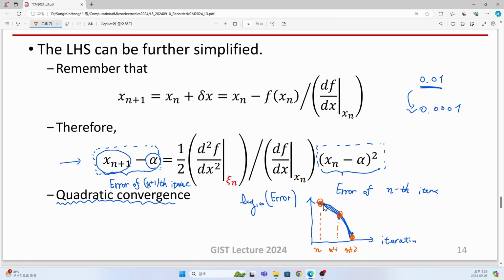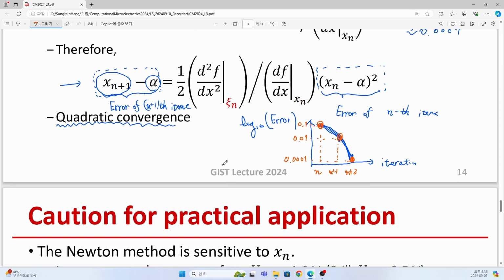Although this just looks like a parabola, for example, this one is corresponding to 0.1 and this one is corresponding to 0.01 and this is corresponding to 0.0001. So it means that once we are quite close to the solution, then Newton method can give us a quite rapid convergence into the alpha, the real solution. That is quite attractive.